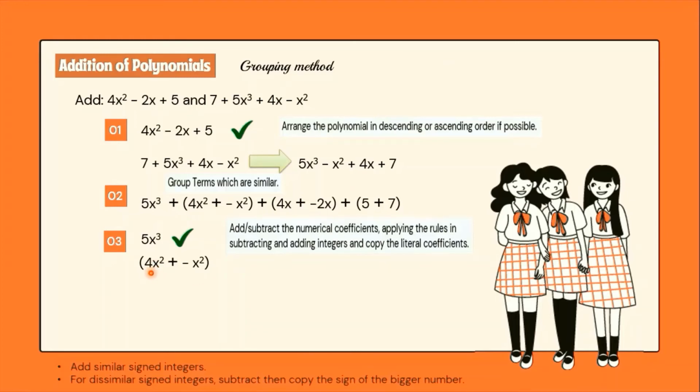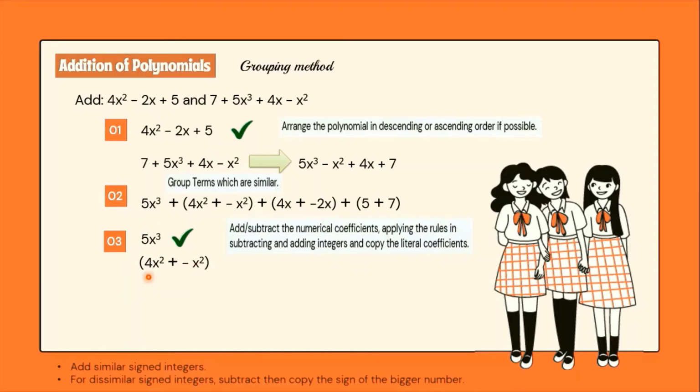Ang numerical coefficient ng 4x squared ay 4. At ang numerical coefficient naman ng negative x squared ay 1. So, nanggaling yung 1. Just like exponents, pag ang variable ay walang katabi na visible na numerical coefficient, automatically ito ay may invisible 1. Kaya si negative x squared ay automatically merong negative 1 na numerical coefficient.